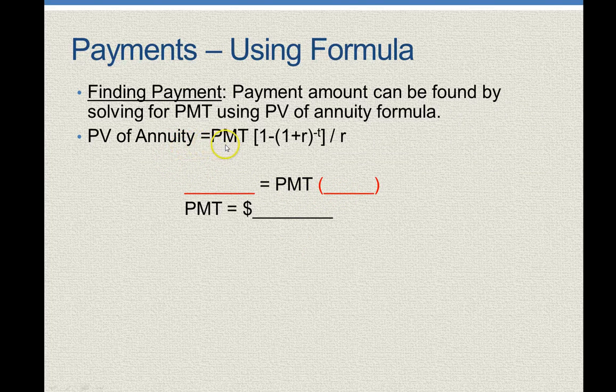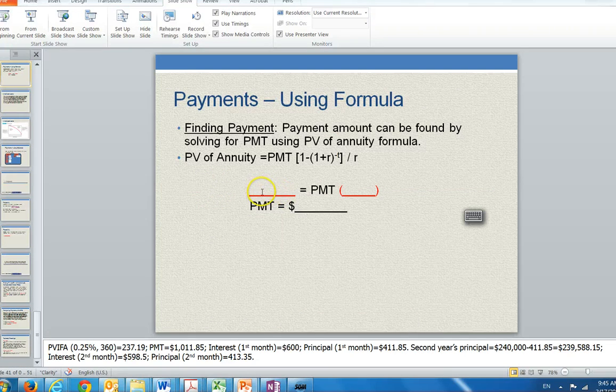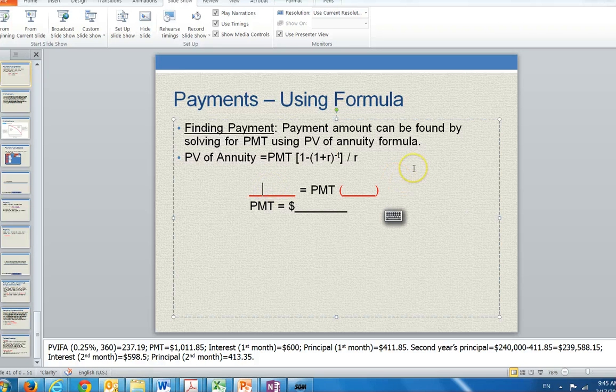We know that it equals payment times 1 minus (1 plus the interest rate) to the power of negative t, and the whole thing divided by the interest rate. Now let me fill in these blanks so we can solve for the payment. The mortgage loan amount is $240,000.